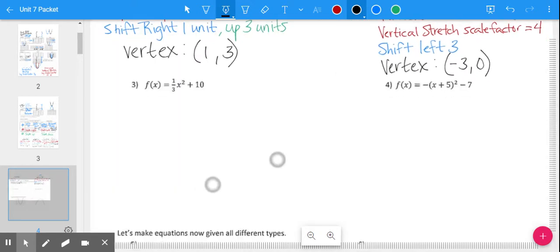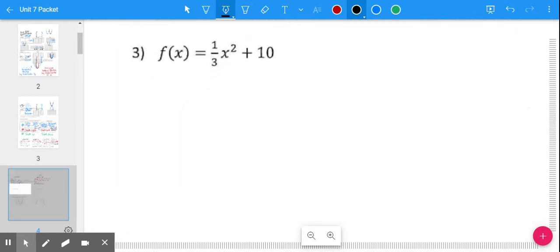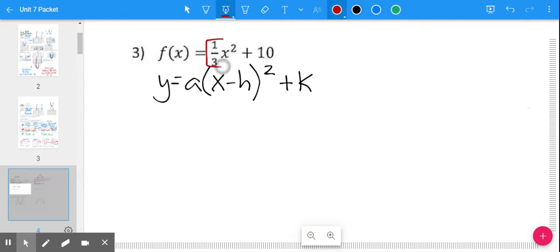So for our next problem, y equals a(x minus h) squared plus k. So your a value aligns with this positive 1/3. So because it's positive, it opens up.